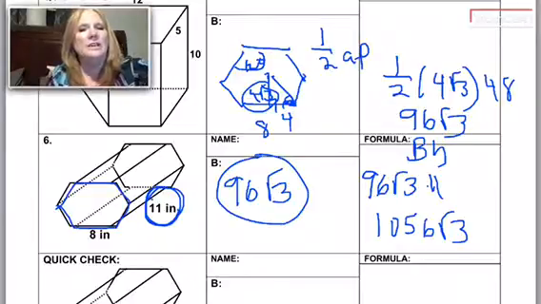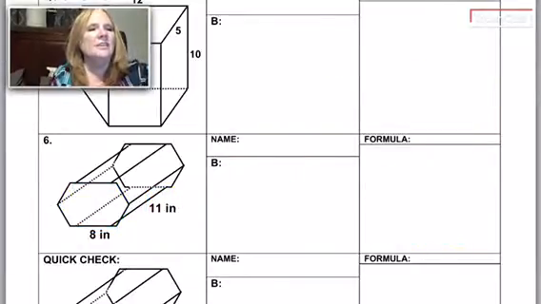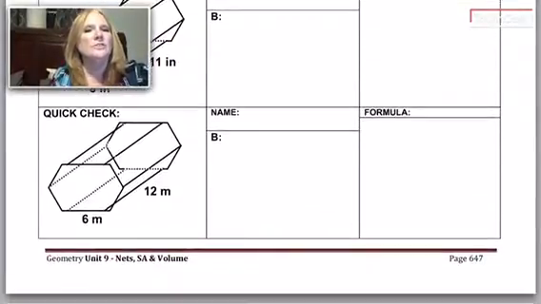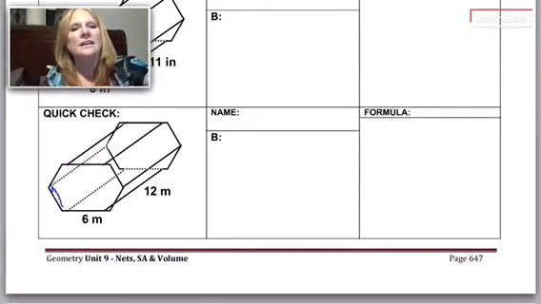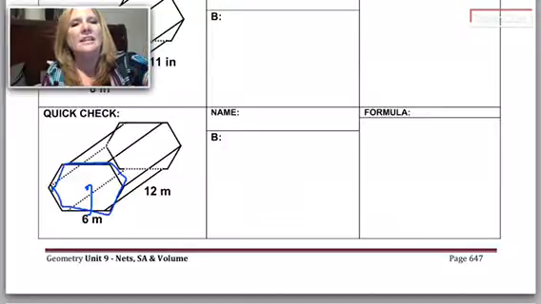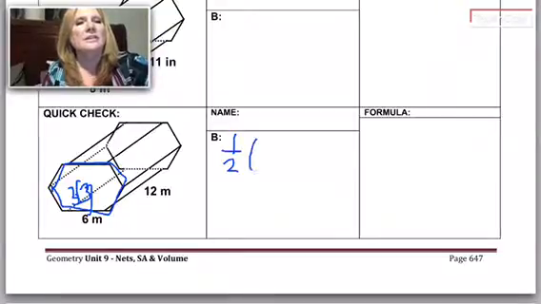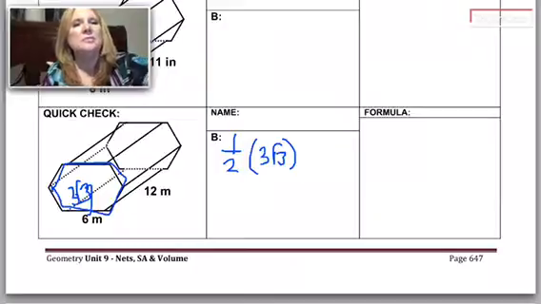So now we have another one just like it. And you should pause and try and do this one yourself. Let's go ahead though, and again we have a regular hexagon. So you should know by now that when we cut this in half, the apothem is going to be 3 to the square root of 3. So we have 1/2 times 3 to the square root of 3 times the perimeter.